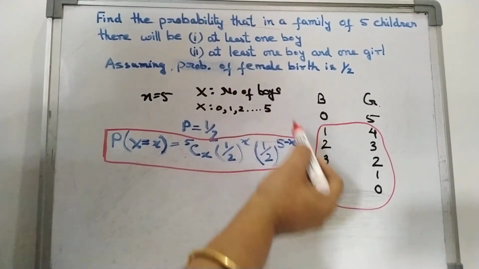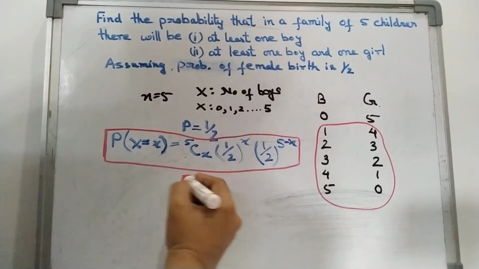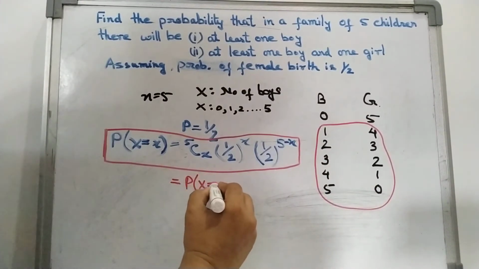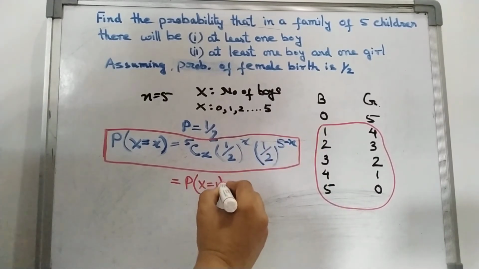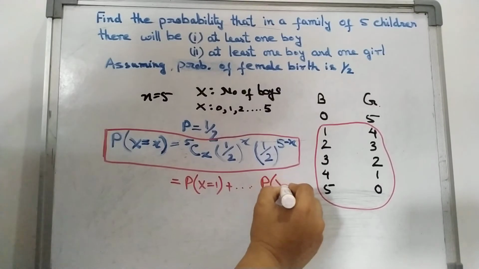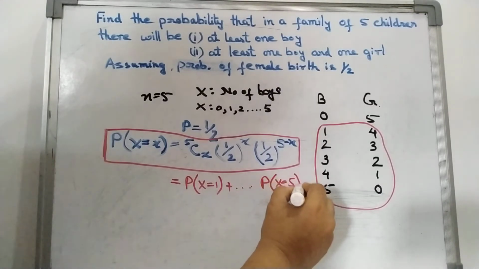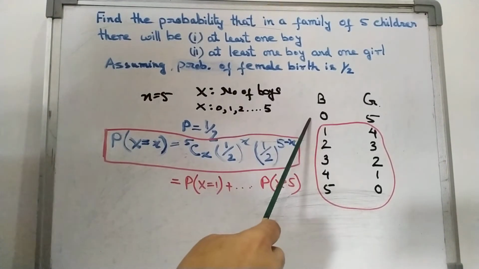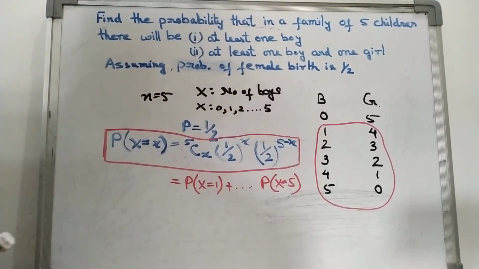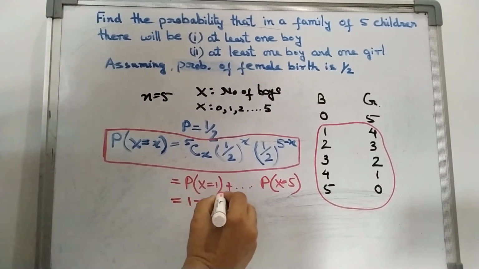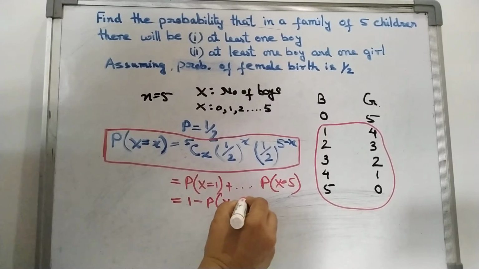If x denotes the number of boys, this will be equal to probability of x equal to 1 plus up to probability of x equal to 5. Or we can find it in another way: 1 minus P of 0, that is, 1 minus P of x equal to 0.